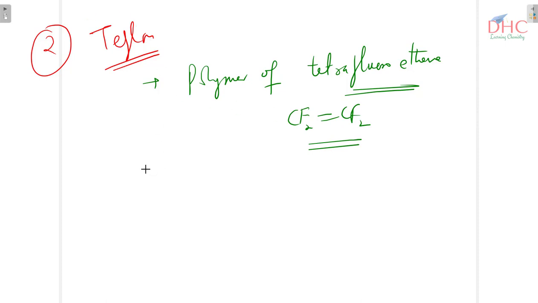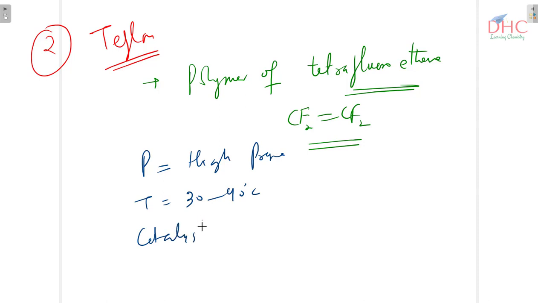And what pressure do you keep? You use high pressure in this particular process, and temperature of 30 to 40 degrees Celsius. The catalyst you are using is again benzoyl peroxide, indicating that the reaction mechanism for this polymerization is a free radical mechanism.